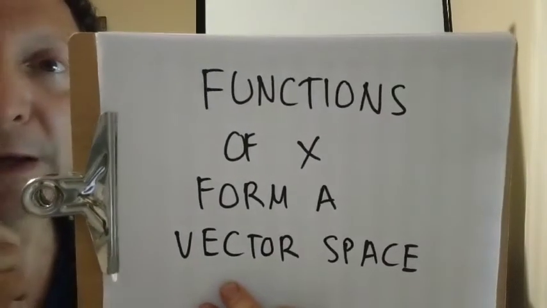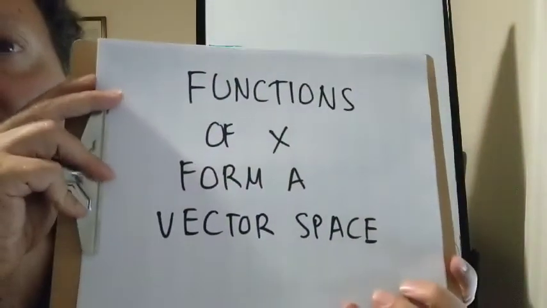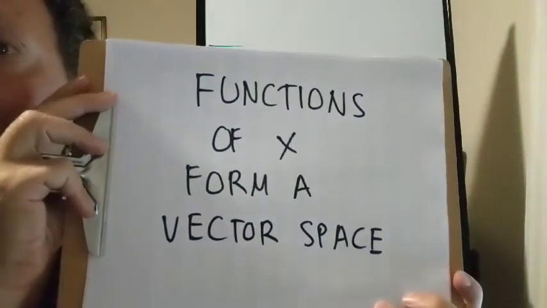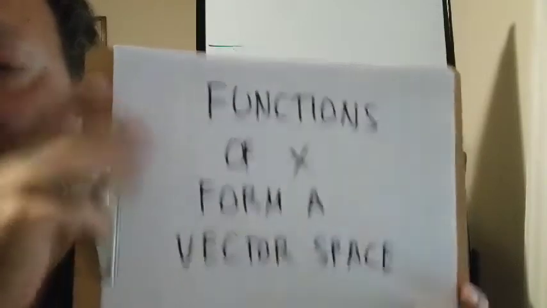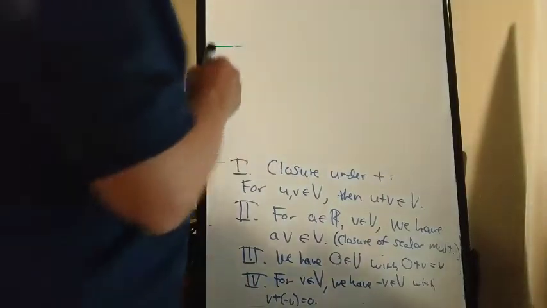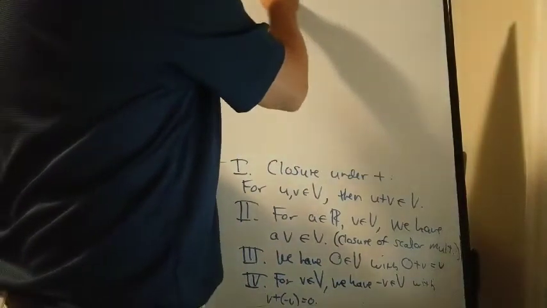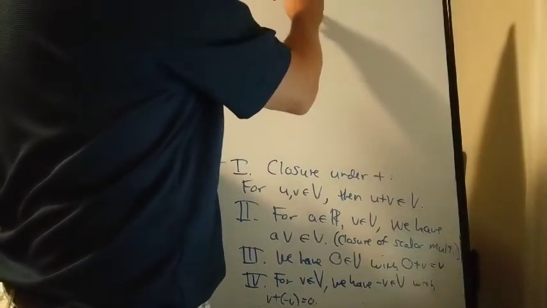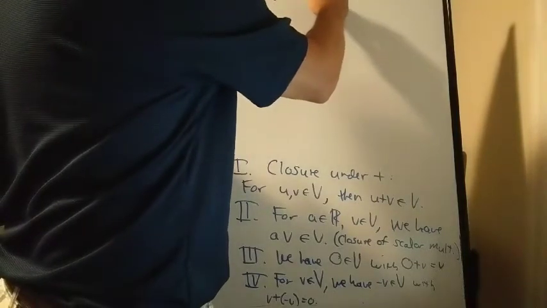But functions of x don't have the obvious numbers in them. So let's think about functions of x as a set and see that they form a vector space. Let me use a script f to be functions of x.